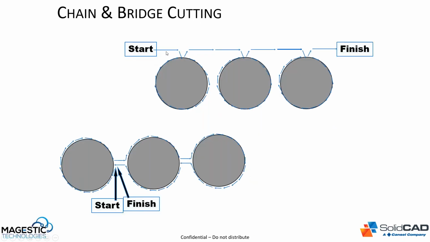Up top here we have chain cutting, which gives you an example. If we're starting over here and going around the shape, we build this nice little chain around each one of these parts and come up with a part grouping. What's nice about chain cutting versus bridge cutting is that each part is cut out before the next part. Here is what's called a bridge cut, and we make a small bridge between each part.